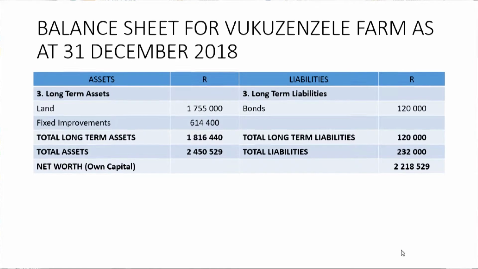The total assets, which were 2,450,529, minus 232,000, which were total liabilities, amounted to a net worth of 2,218,529 for the farm.